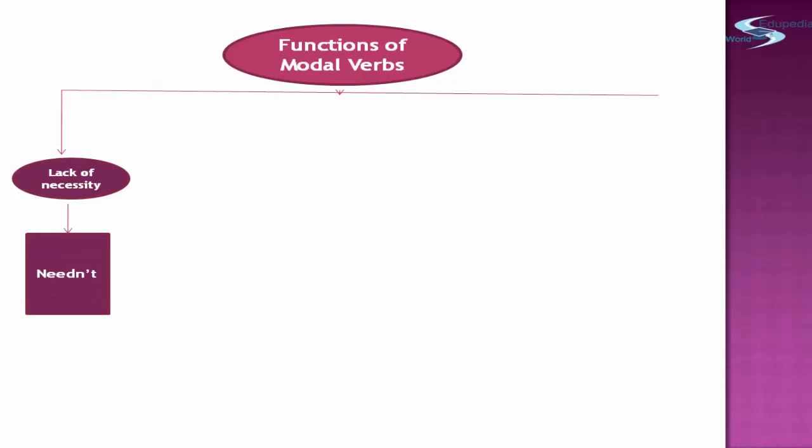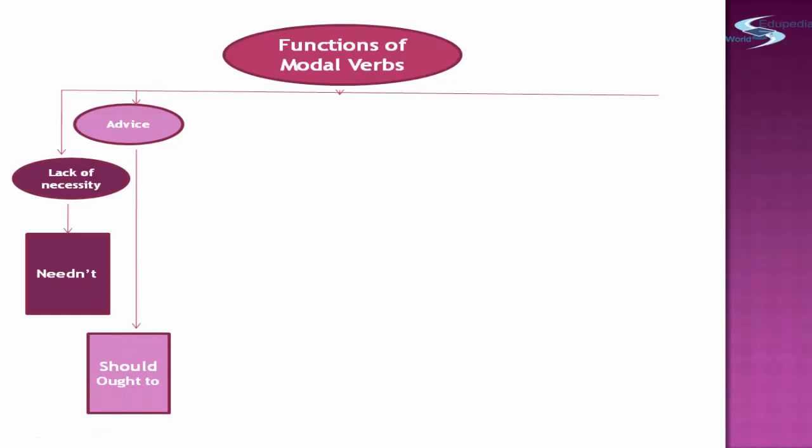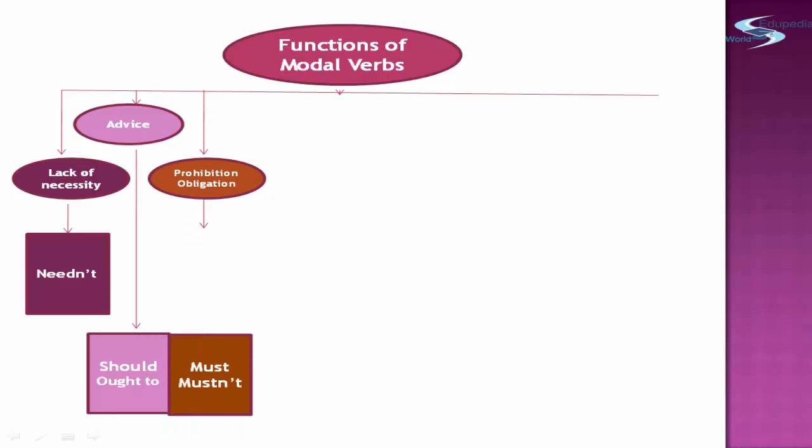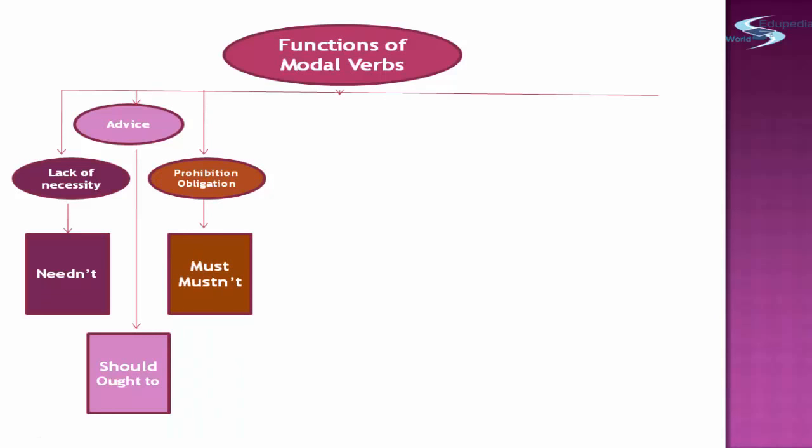The modal verb that can be used under this function is needn't. The second function is for advice. The modal verbs that can be used are should or ought to. The next function could be prohibition or obligation. And the modal verbs under this could be must or mustn't.